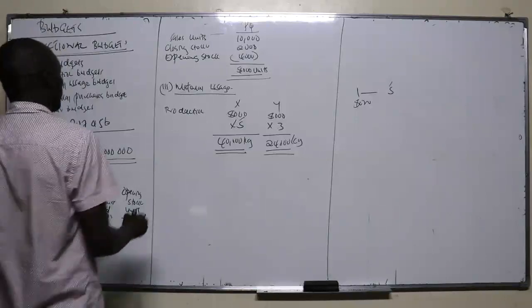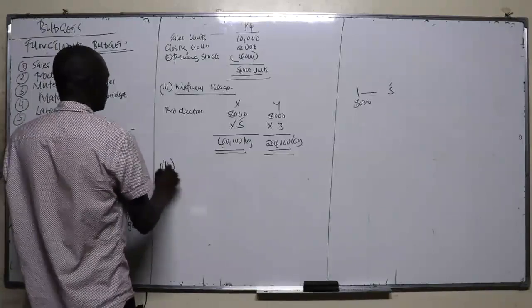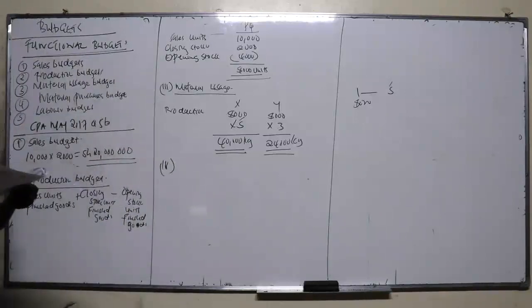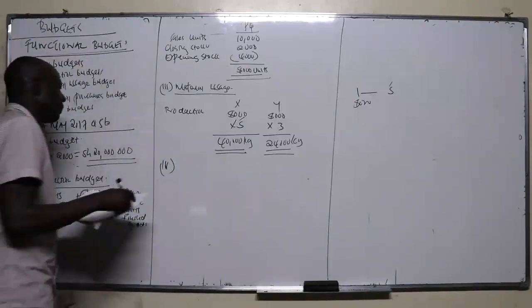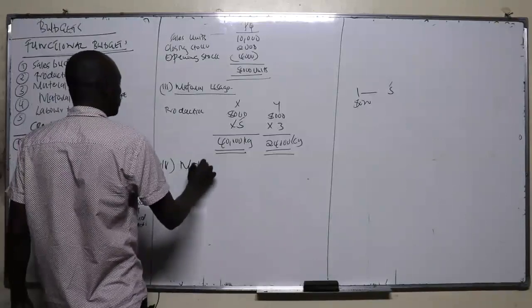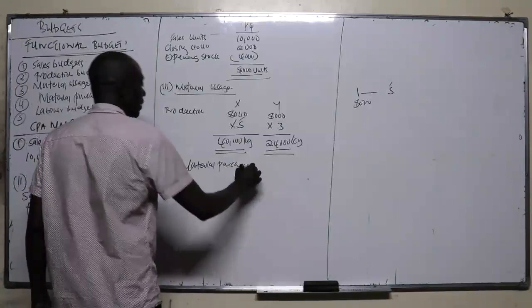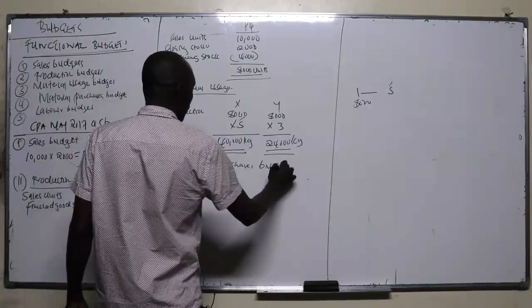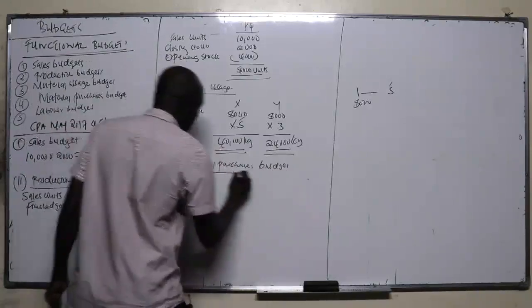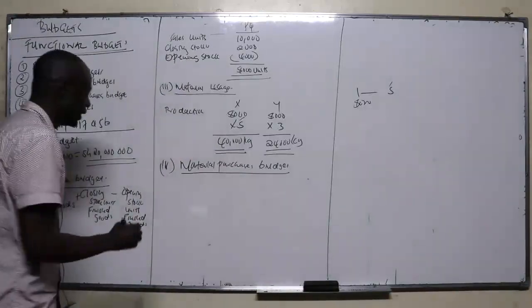And then number 4, they want us to do material purchases budget. So the material that you're going to purchase is equivalent to the material that you're going to use.